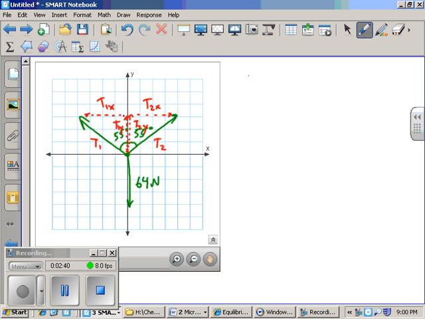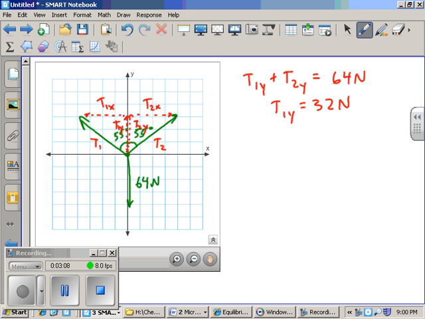That means that T1y plus T2y has to be equal to the opposite of the force of gravity, which is 64 newtons. So basically, those two together have to be equal to 64 newtons. That means that each one of them is 32 newtons.